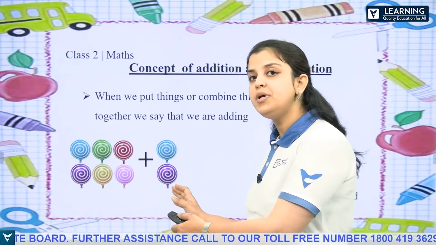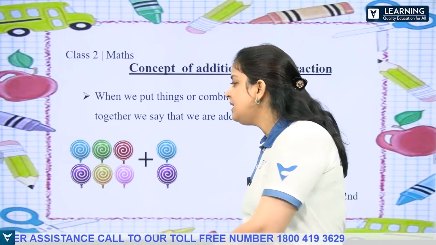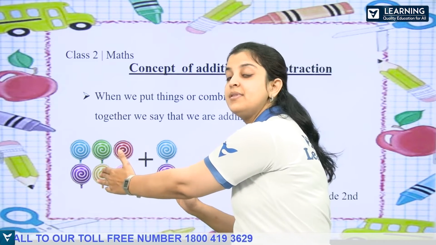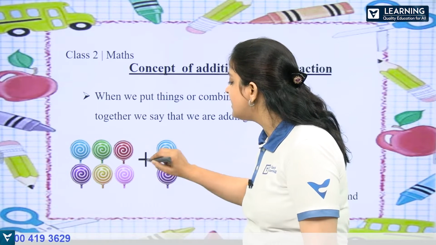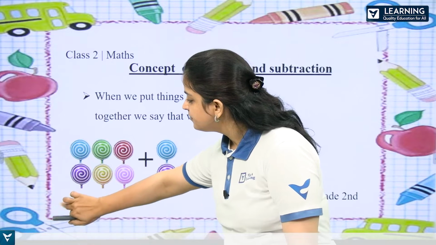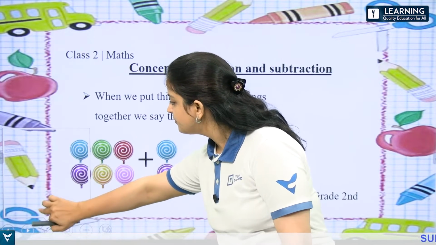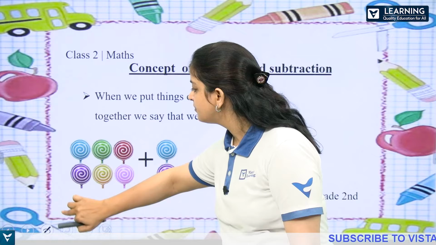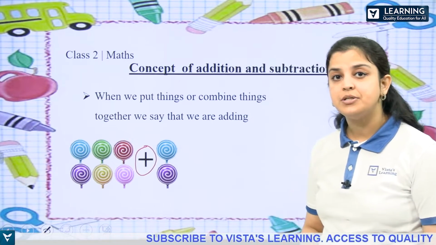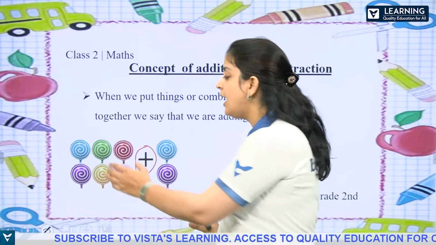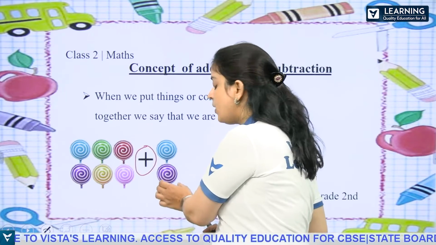So what am I doing here? I am combining this and this. That means I am adding. And this is the sign of addition. So what am I doing here? I am combining this with this.